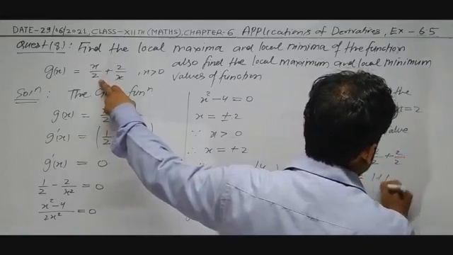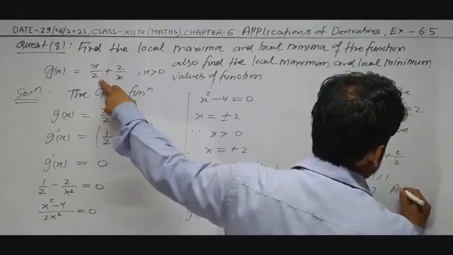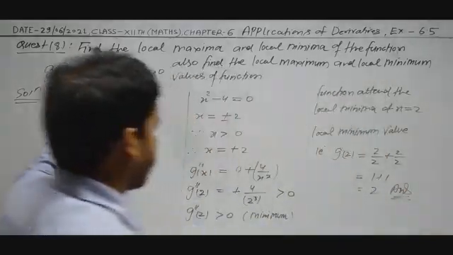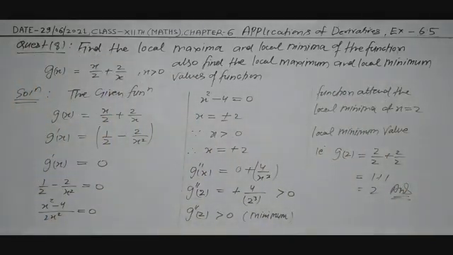Result you will get 1 plus 1, that is 2. This is the answer. So local minima and local minimum value. Now this is completed.